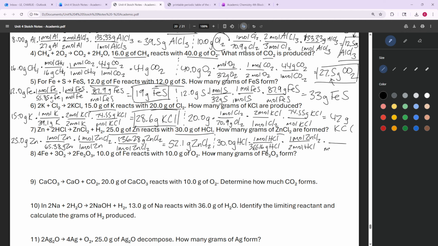Finally, every mole of zinc chloride gets us 136.28 grams of this stuff. Multiplying all of that together, 30 divided by 36.46 times 1 divided by 2 times 136.28 is roughly 56 grams of zinc chloride. So it looks like in this case, close, but zinc is our limiting reactant.